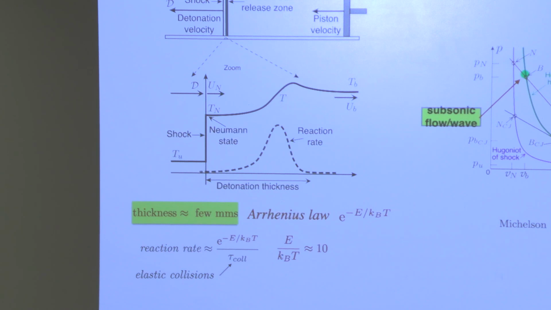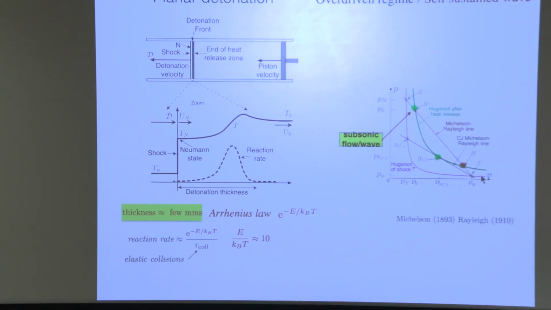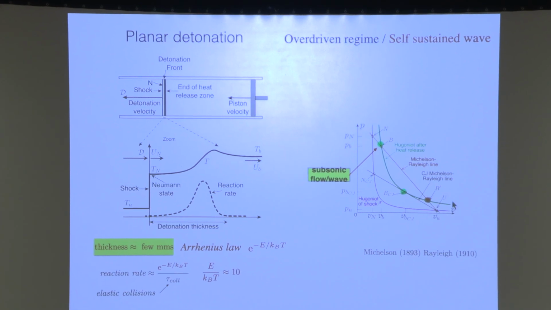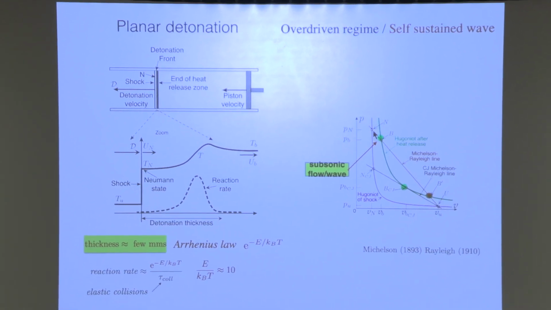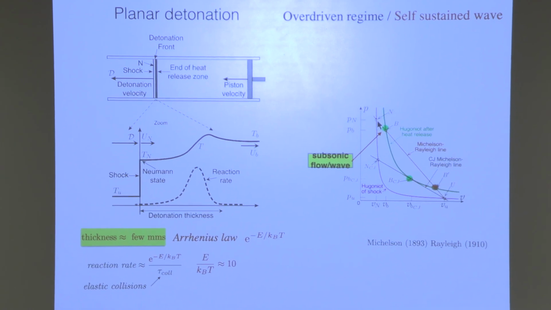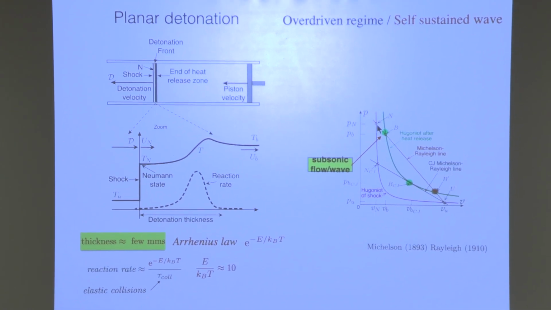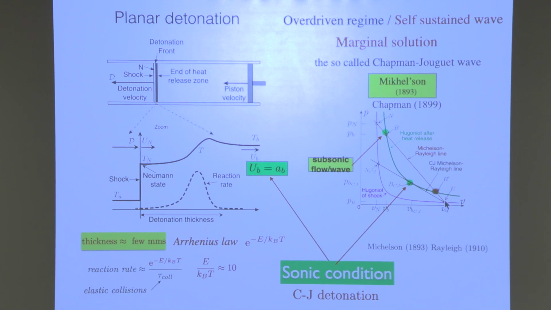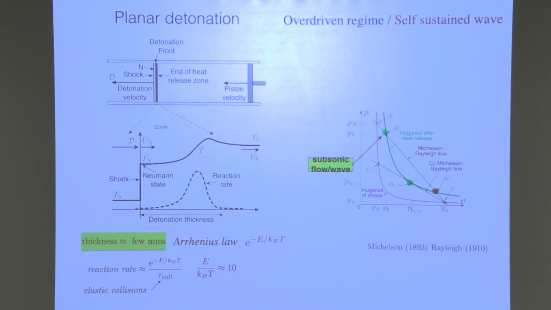This is the Rankine-Hugoniot of the shock, and this in green is the Rankine-Hugoniot of the state after heat release. So here is the initial point.